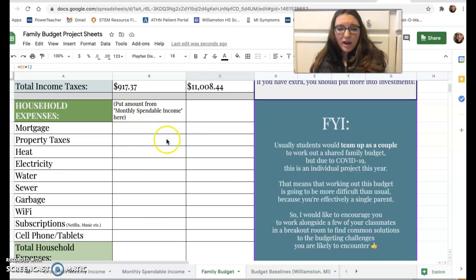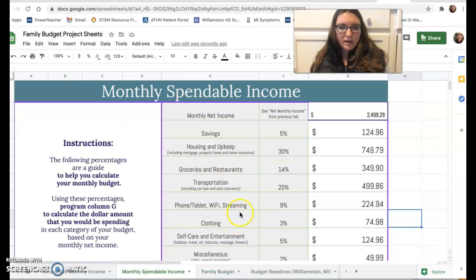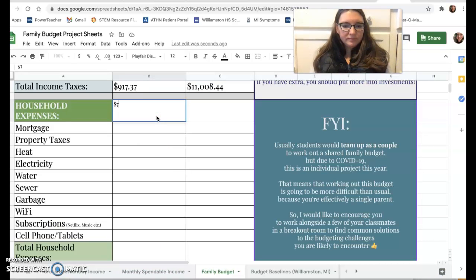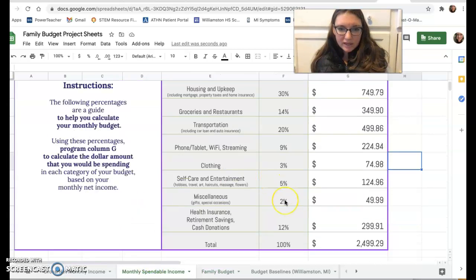Start off with housing and upkeep. That's these things that you pay here. So I'm going to do $749.79. But I also noticed that I have Wi-Fi subscriptions and cell phone tablets in here, so I'm going to add that to this too.